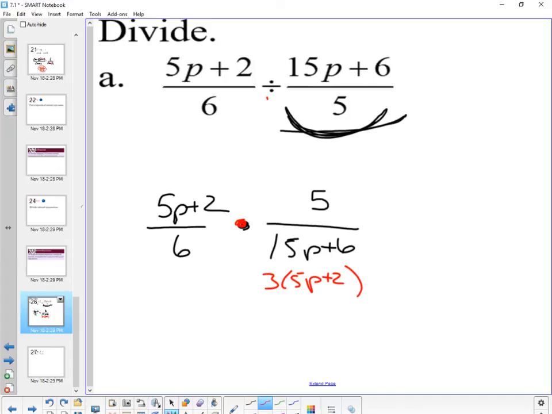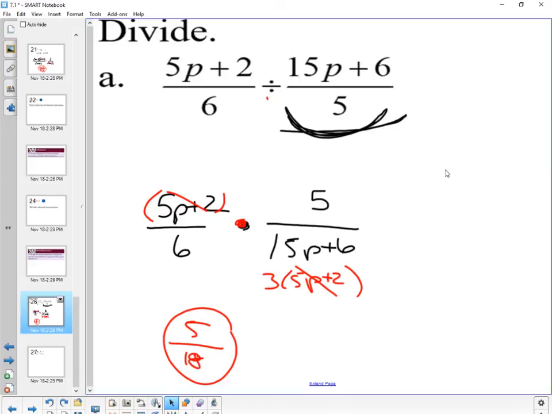Guys, I'm almost done. 5p plus 2, 5p plus 2 are going to make 1. You're going to end up with 5 over, what is that, 18? That's it. All right, I'm done. 5 times 3, 6 times 3 is 18, right?